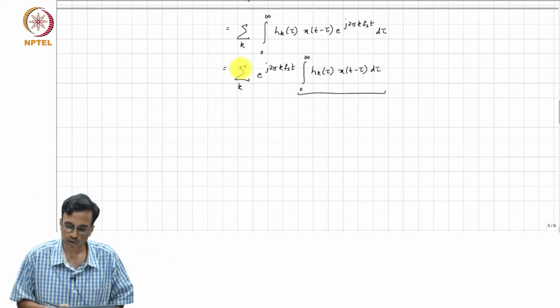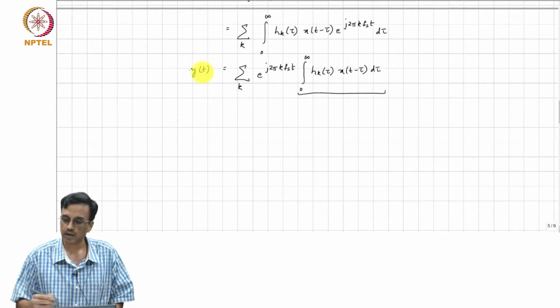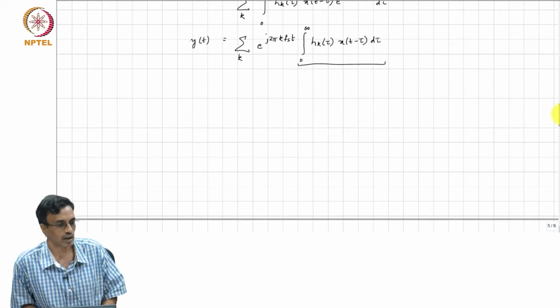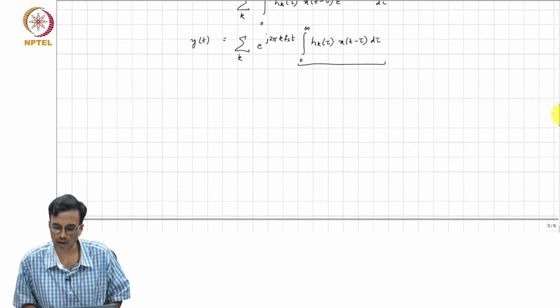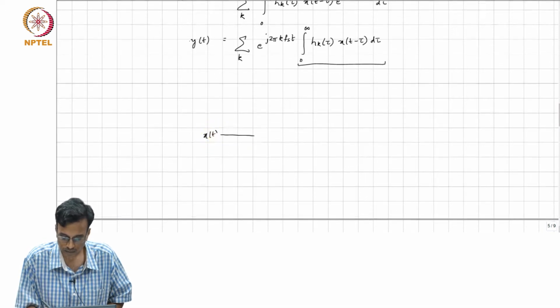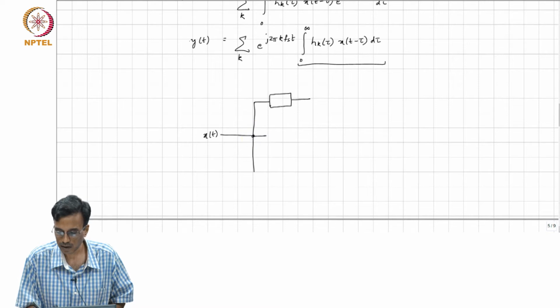So, what is this equation telling us? This equation is telling us that in the time domain, this is nothing but the time domain equivalent of the harmonic transfer function stuff that we saw earlier. You basically take x of t, pass them through linear time invariant filters, right.